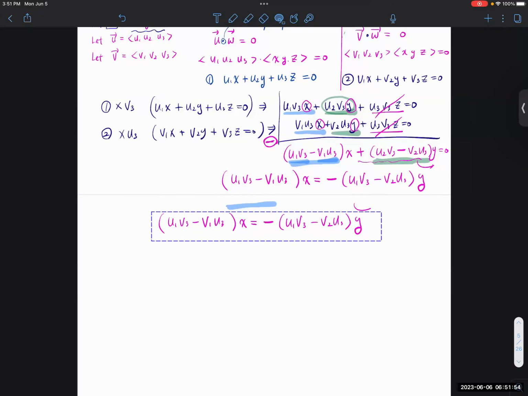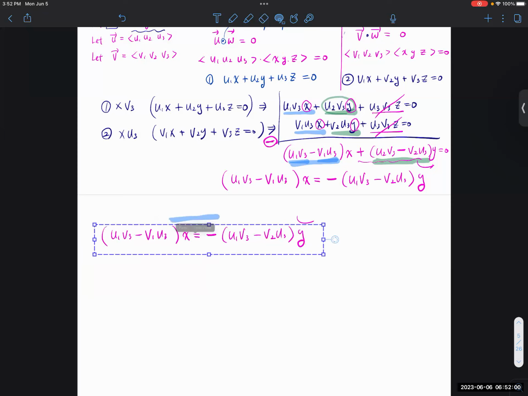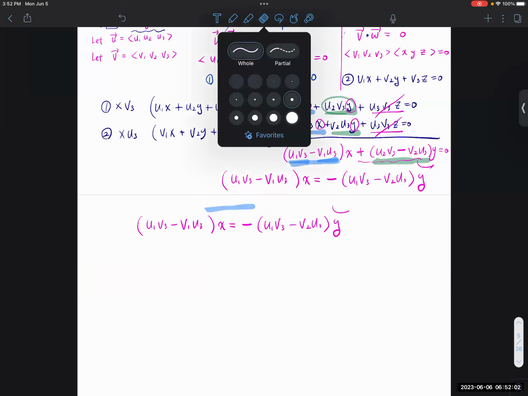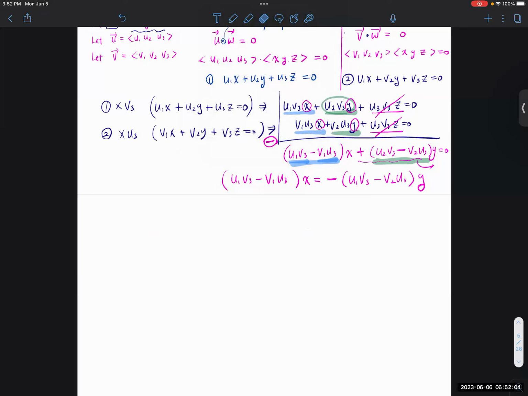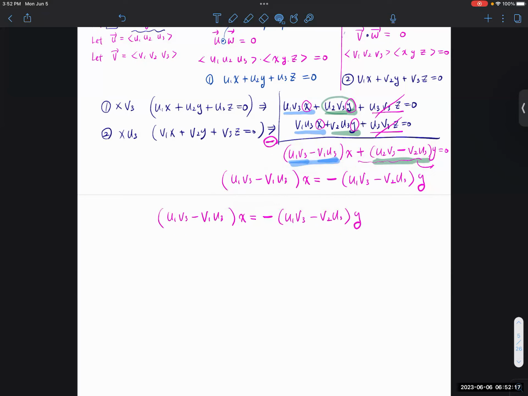I'm gonna highlight it, copy, get rid of it, and then paste it again. I think I'm not doing grouping, so let me highlight it. So copy, paste here. So we found out this one. So what does it mean?